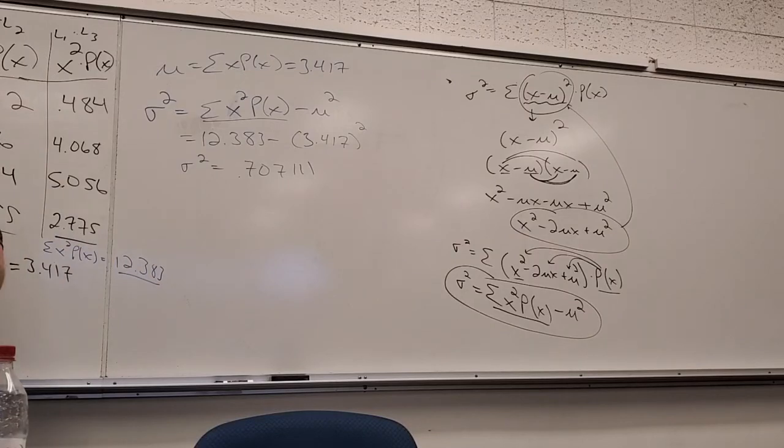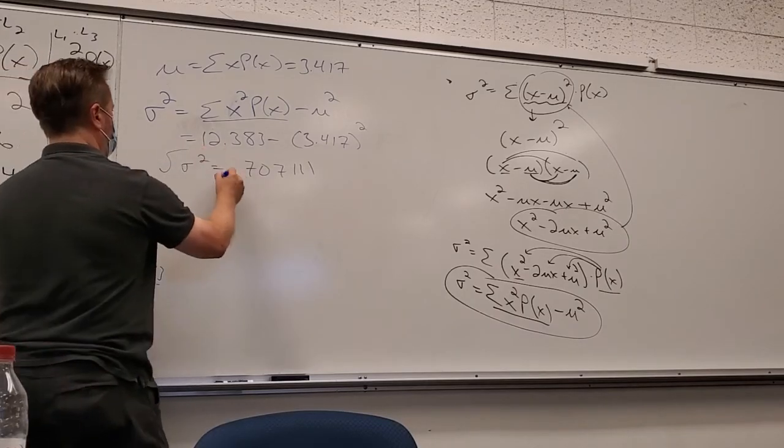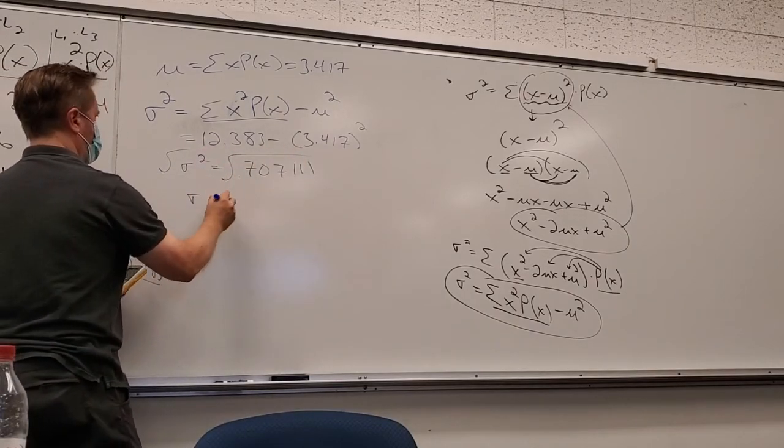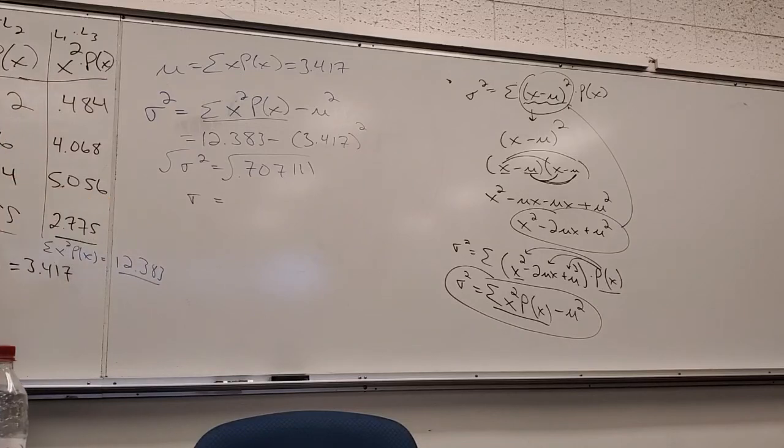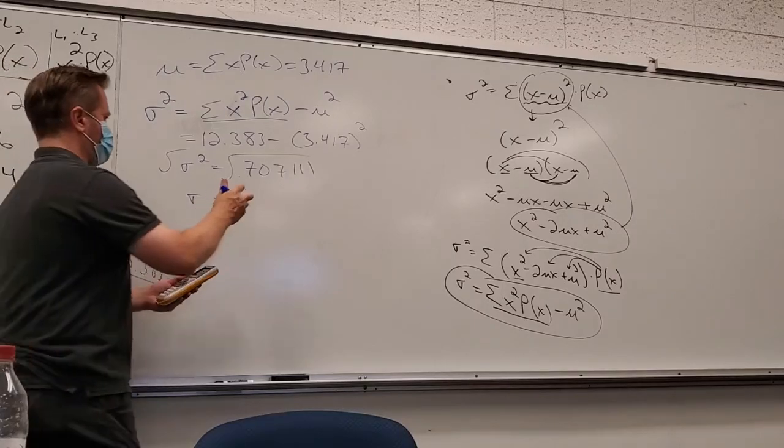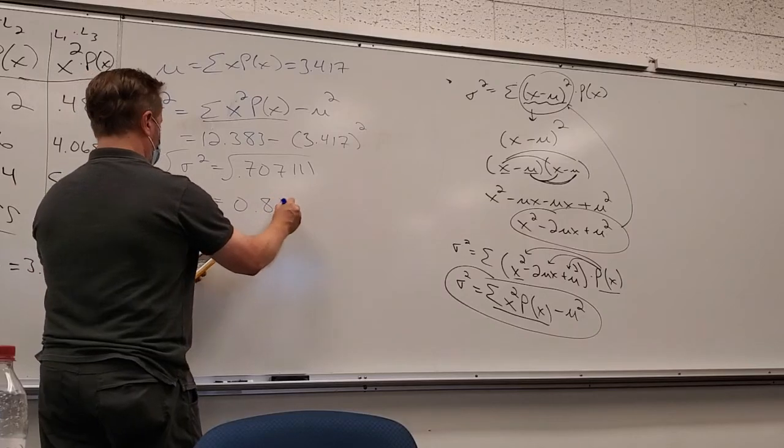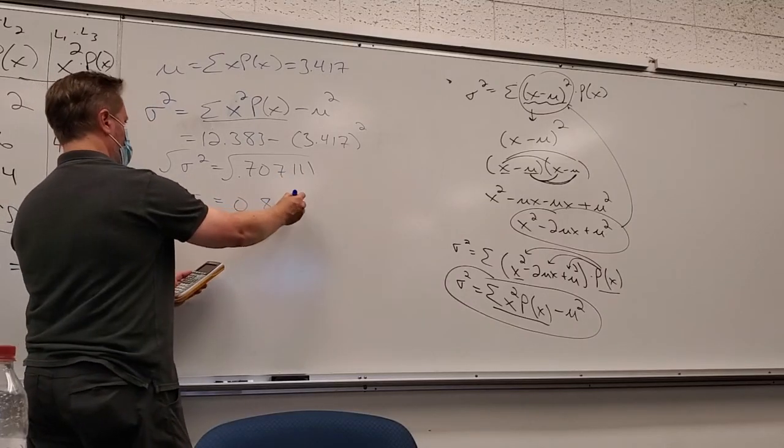Yeah, okay. And is that what I want? I want the standard deviation, which is the square root of that. That looks like, sort of two, anyway. 8, 4, 1. Bam.